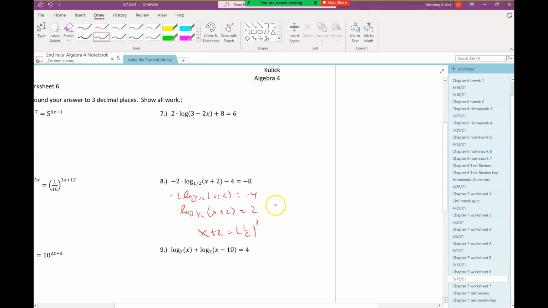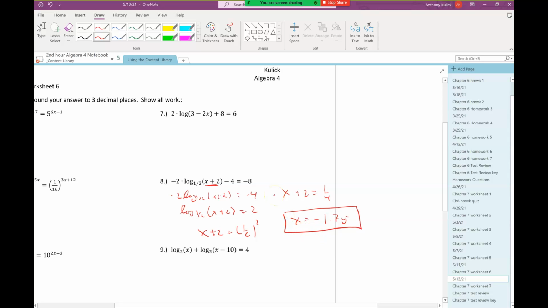And 1/2 squared is just 1/4. Like that's something you could type in your calculator if you weren't sure. And you just subtract the 2 over. It's like -1.75. And that checks out, since when I plug that in for x, I still get a positive number.